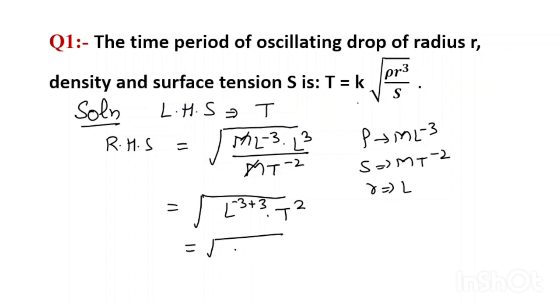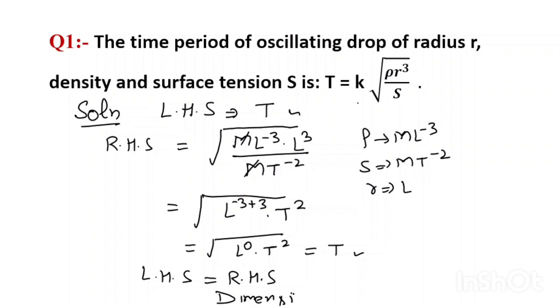So this is L power minus 3 plus 3, L power 0, into T power 2, and the square root of T square is T. So the dimension of left hand side is T and the dimension on the right hand side is also T. So the formula is dimensionally correct. Now dimension on left hand side is equal to dimension on right hand side. Hence the formula is dimensionally correct.